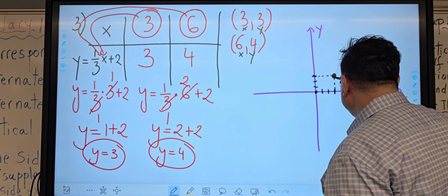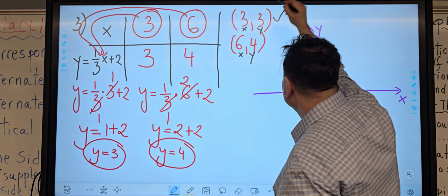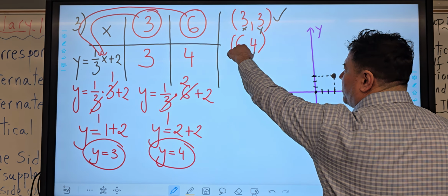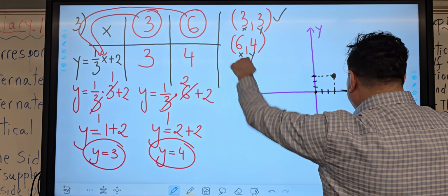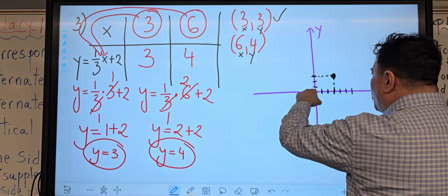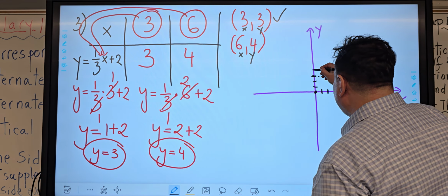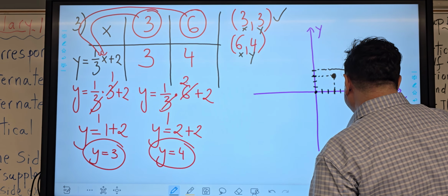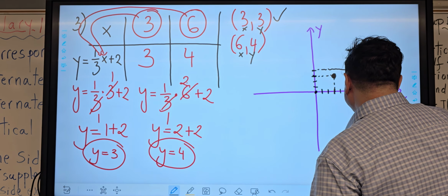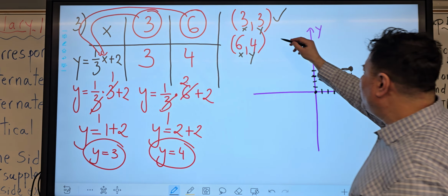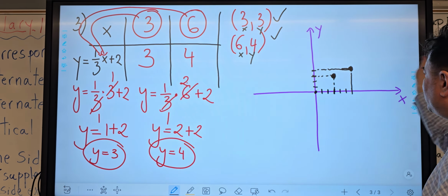This is the first dot. And then let's continue with the second order pair. When x is 6, 1, 2, 3, 4, 5, 6. Y is 4, 1, 2, 3, and one more unit up, 4. And then we can create this second dot right there, right? So we have 2 dots, and then we are simply going to connect those dots.